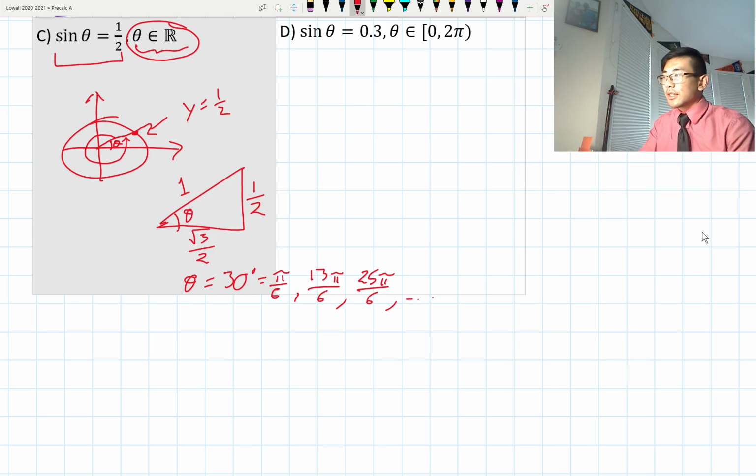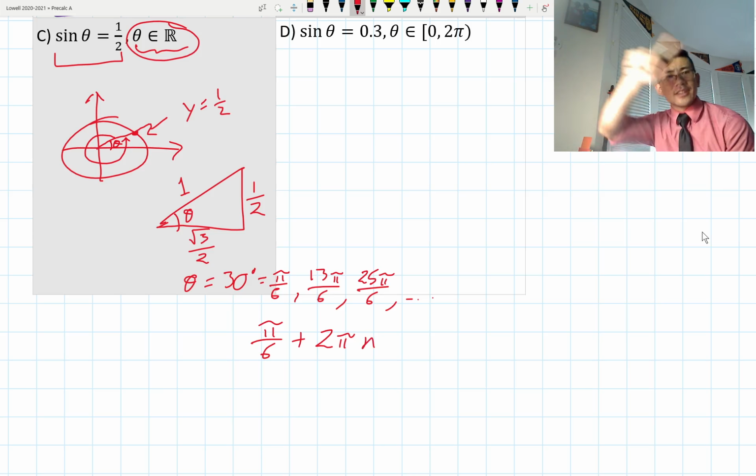So the way we would say this is pi/6 plus 2 pi n, where n is an integer. It's implied whenever you're seeing something like this that n is a whole number, an integer. If I start off at pi/6 and add a full revolution, that will be a solution. Add another revolution, that will be a solution. Add another one, that will also be a solution.